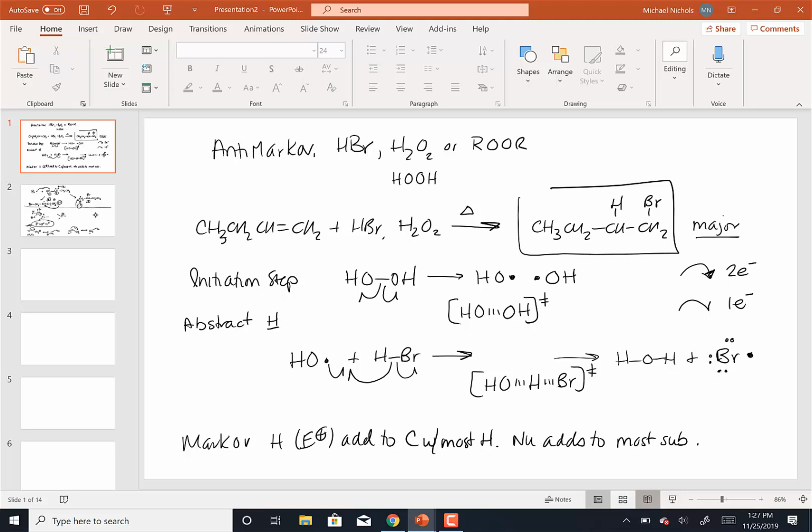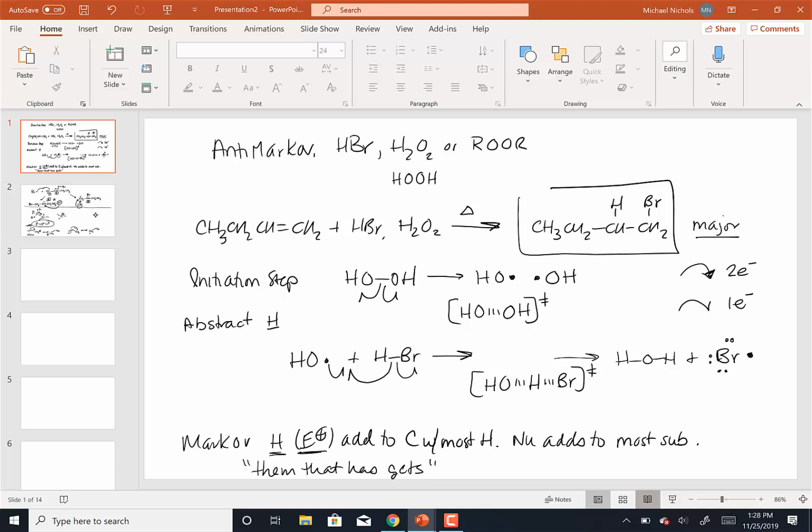There's a saying with incredibly bad English about Markovnikov's rule. Now, Markovnikov's rule originally only applied to H. We've expanded it to apply to E plus, bromine, mercury. But I have in the past said, them that has gets. What does that mean? In the double bond, the carbon with the hydrogen gets the hydrogen.